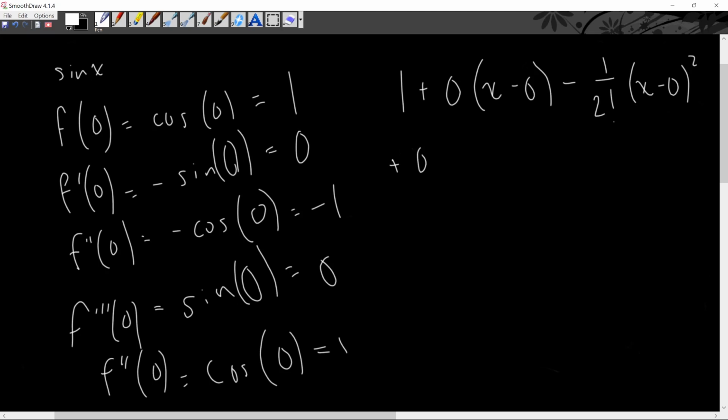Oh, shoot. Well, I guess we're going to change our function. I was starting with cosine of 0, and I was just talking about how we knew these derivatives like the back of our hand. I guess I started off at the wrong term, but we can still go, and we could just make this cosine x. Sorry for the confusion.